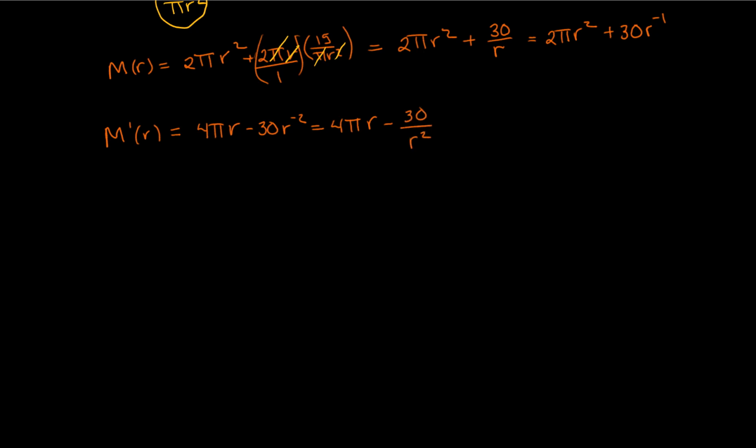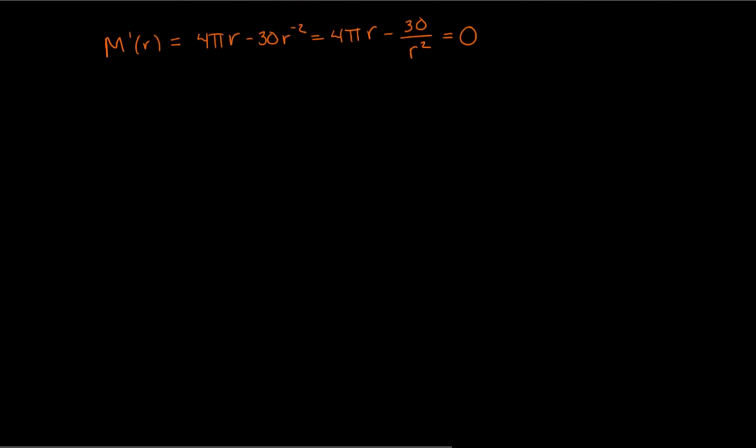I've rewritten this in this second form because it's easier to then set this equal to 0 and solve using the algebra. Solving with a negative exponent gets a little tricky. Okay, so I'm going to focus on this part. And what I'm going to have is 4 pi r equals 30 over r squared.